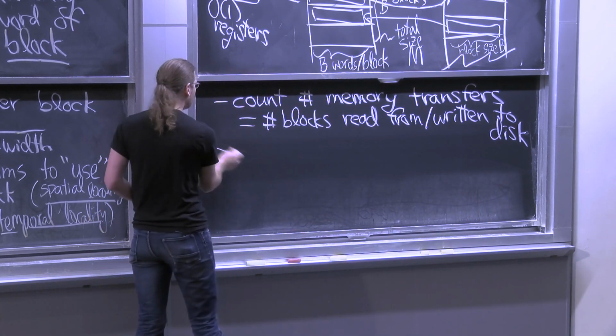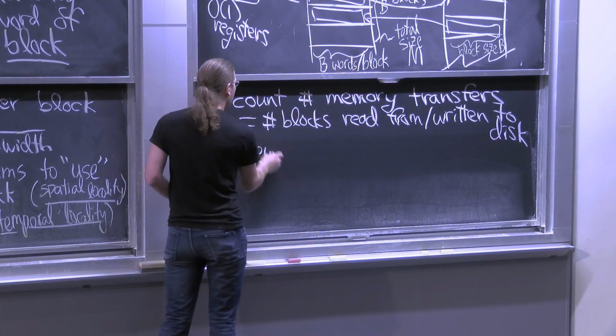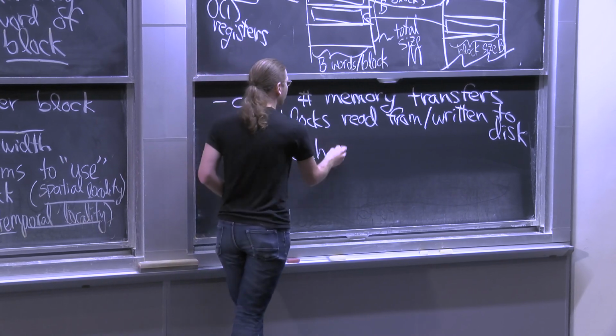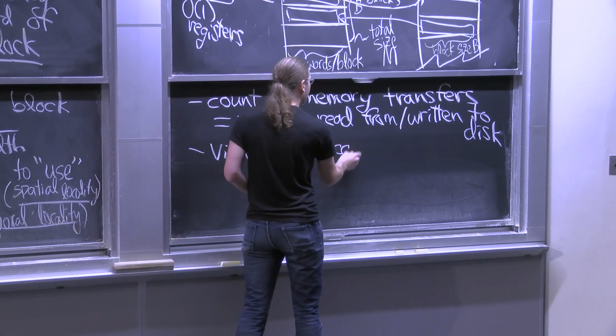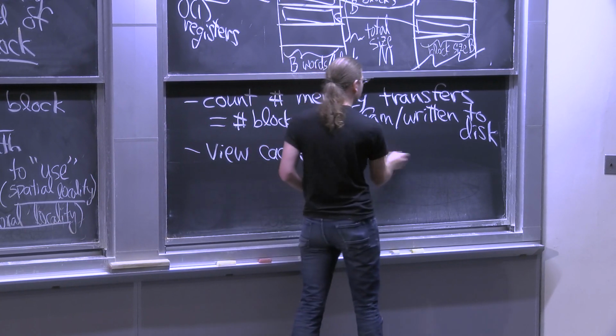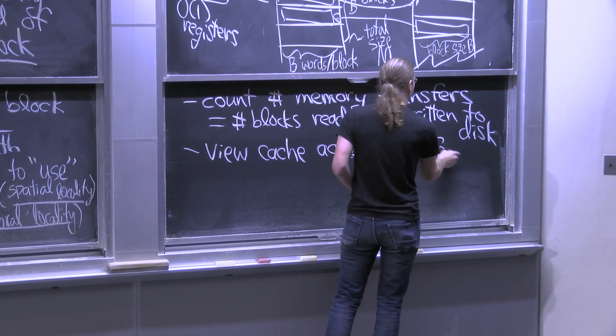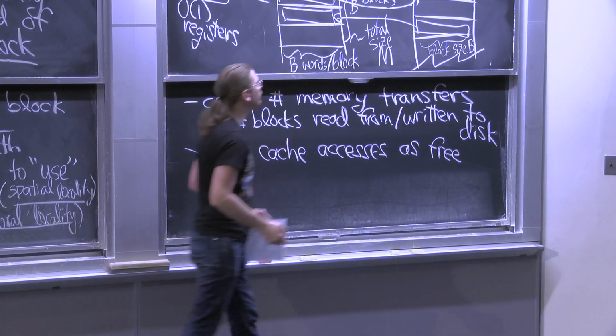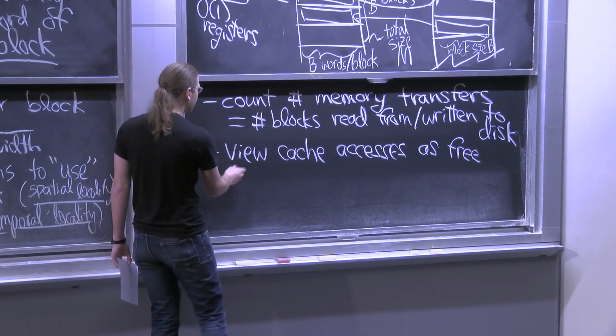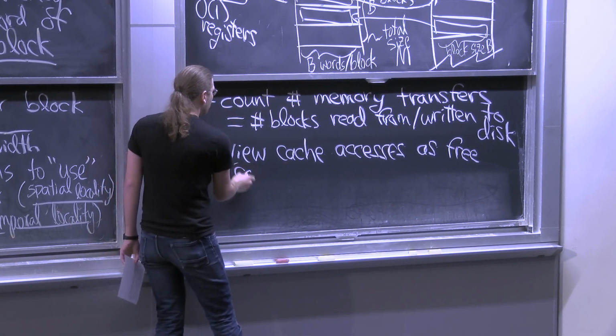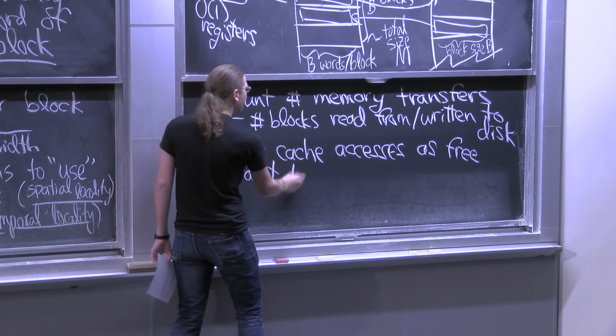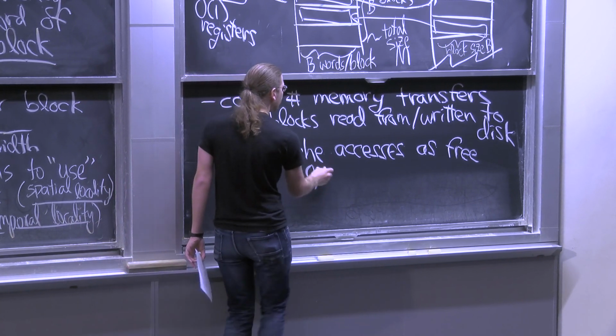We're going to view accesses to the cache as free. Not going to count those. You don't need to worry about that so much because we can still count the number of operations that we do on the computer, on the CPU.